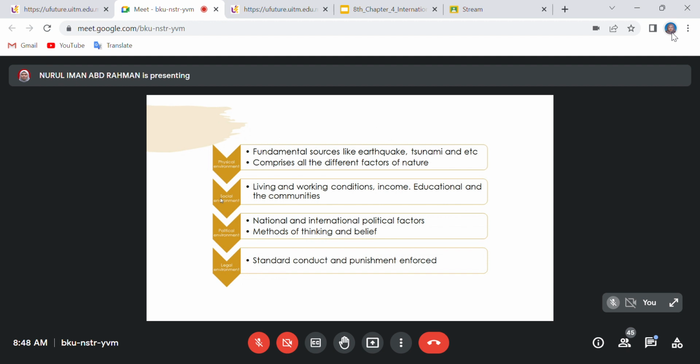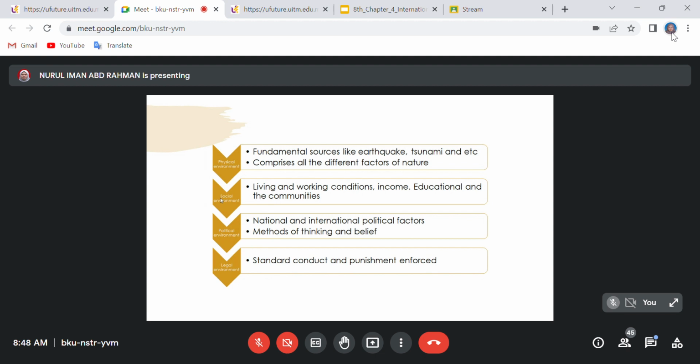It comprises all the different factors of nature. So you can get risk from the land, from the sea, from the air, from the trees. From the land, earthquake. From the sea, tsunami. From the trees, landslide, for example falling because of a landslide. From the air, you can get haze. All of these are risks that come from the physical environment.